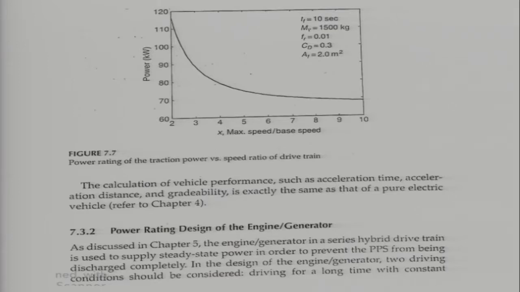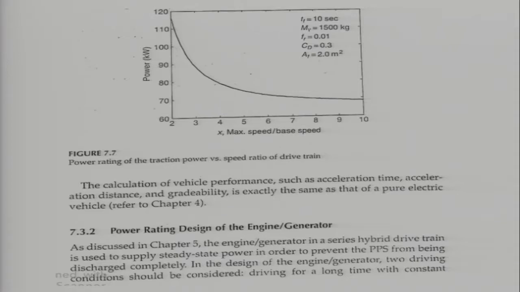Now here is the power rating of the traction motor versus the speed ratio of the drivetrain. The ratio of maximum speed to base speed is x. For variable values of x, how exactly does the power rating change? If the ratio of actual speed to base speed is increased, the power rating goes on reducing.